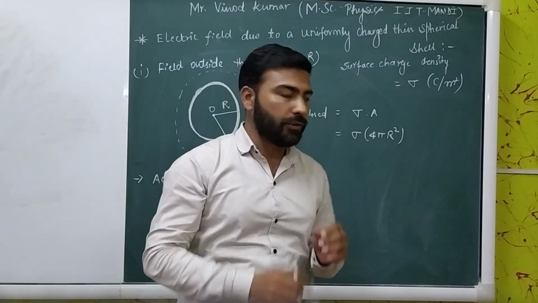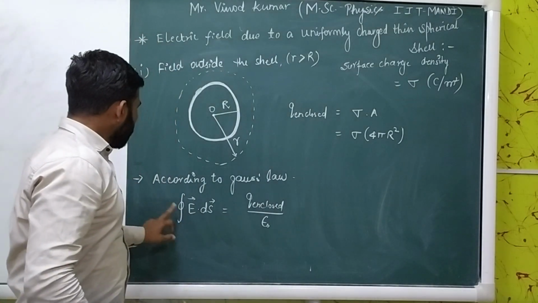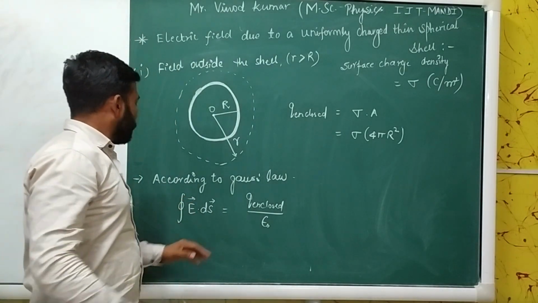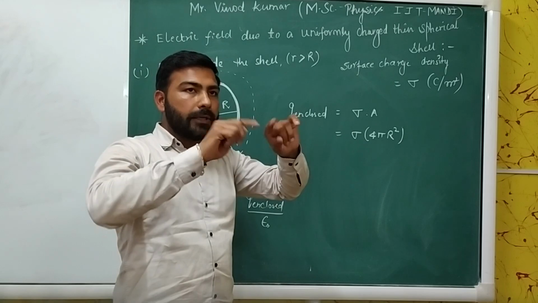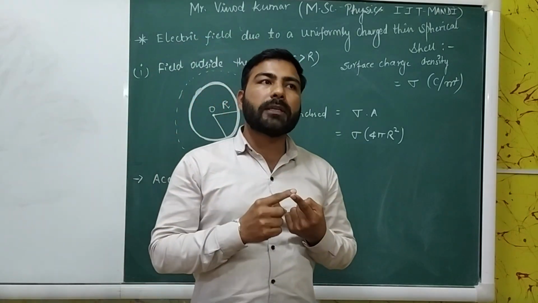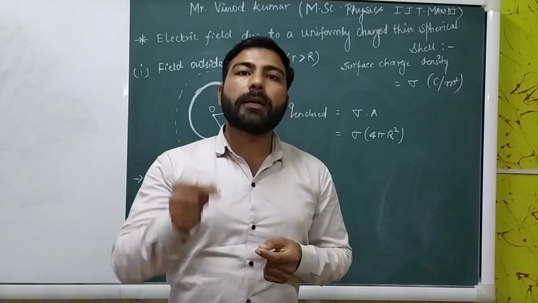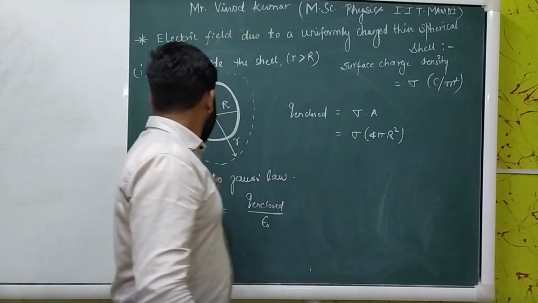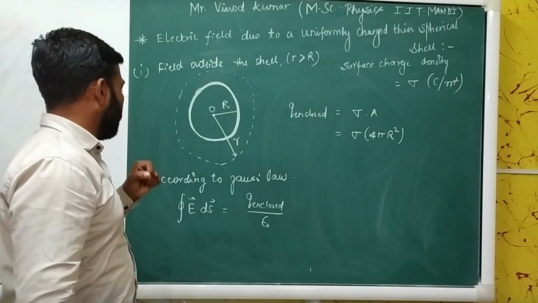Now, this closed integral is used because, as we know, the requirement of a Gaussian surface is that it should be a closed surface.